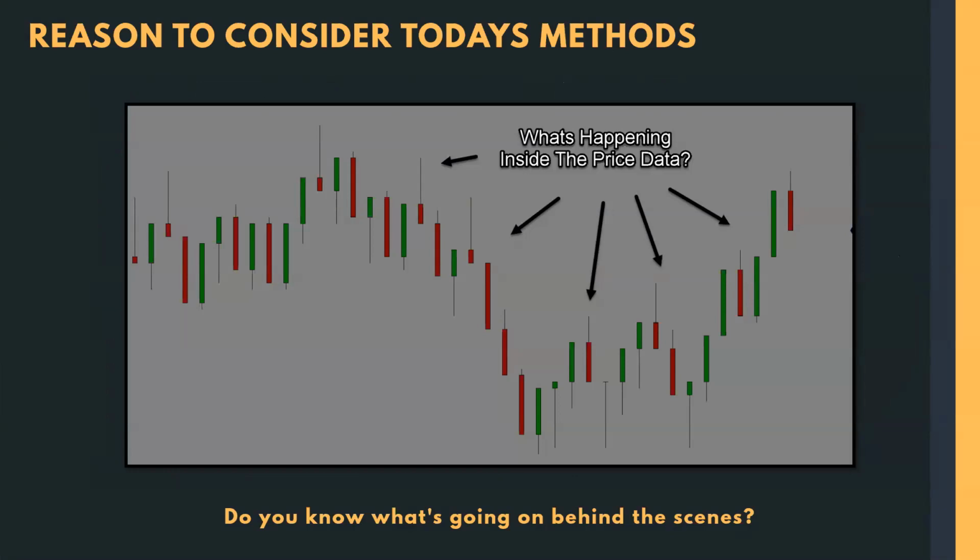Fast forward 10 years, and if I had known what was actually going on in the back end back then, I probably would not have taken the losses I did, and I'd have a different perspective of the market. But the main question here is what's going on inside the data.